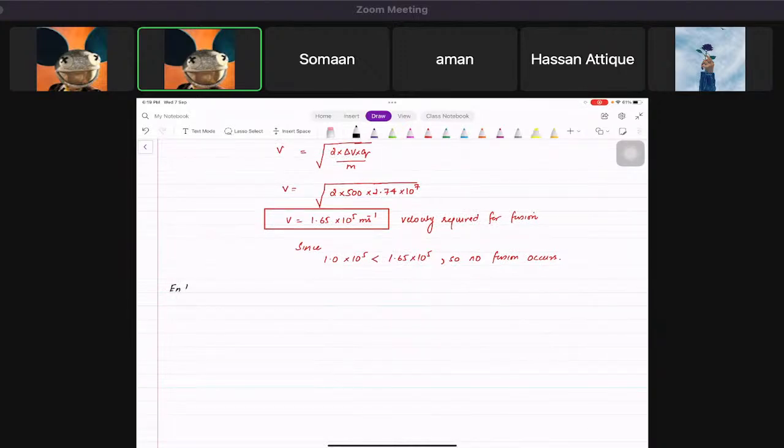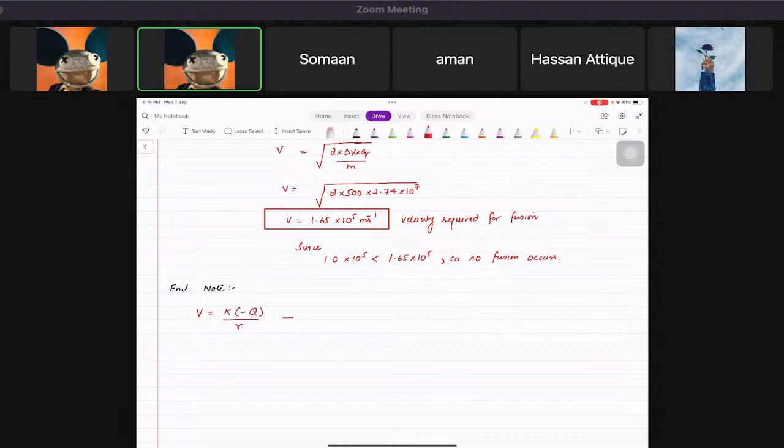So the end note of this whole thing is that whenever you want to find the voltage of a charge, remember the voltage or the potential is the same formula, but for a negative charge, you have to put a negative value.